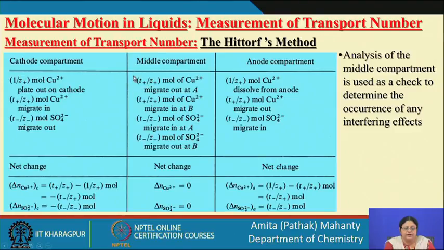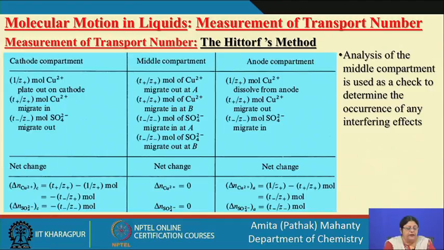So, this is the fraction which is multiplied with the total charge which is carried, 1 by Z. It gives you the moles, which has to be multiplied by q by F to get the total moles. So, T plus by Z plus is the number of moles of copper ion which is migrated from B to the compartment A.